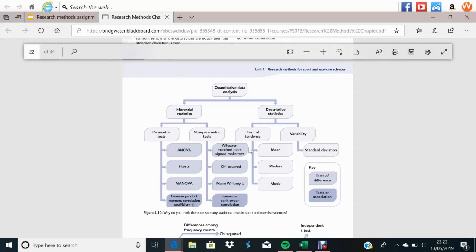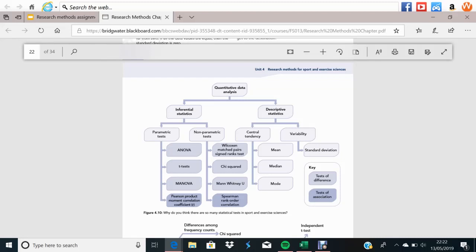So as we use inferential data, we begin to go down this route. And now we need to see if the data is compatible with a parametric test or a non-parametric test. The non-parametric tests require nominal or ordinal data, and the parametric tests need to be interval or ratio data.